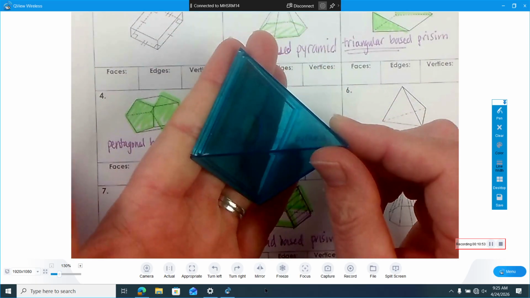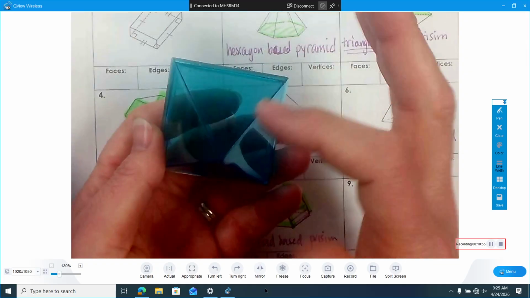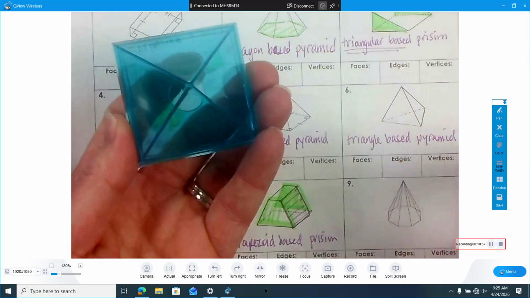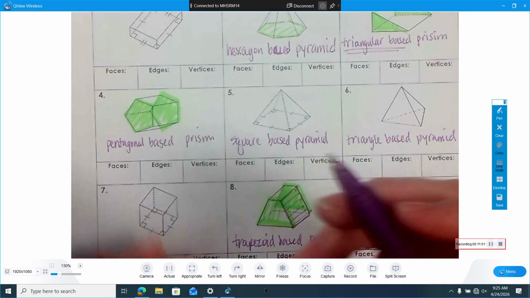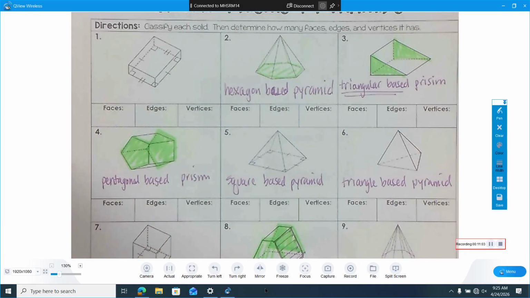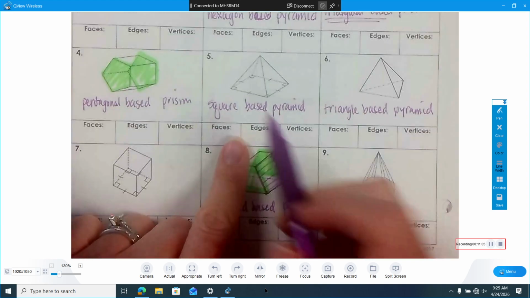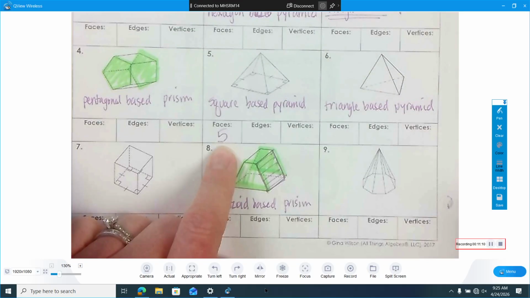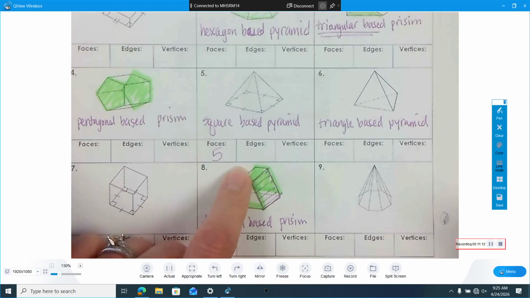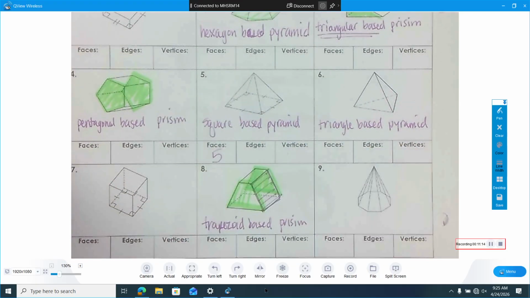Yep, it has the bottom, and it has the 1, 2, 3, 4 triangle sides. So those are 5 faces. We want to be able to count them. So that was this figure right here, number 5.